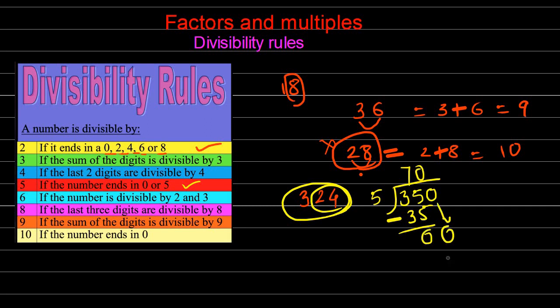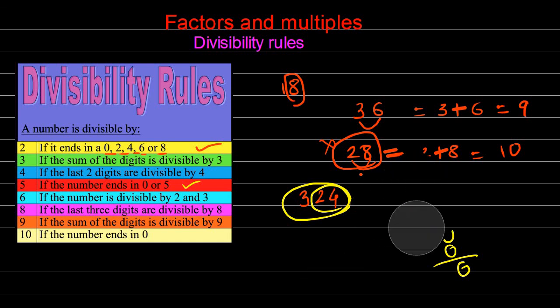So again 5 times 0 is 0. So we get 70. It is divisible by 5. So this is how, just by looking at the number 350, you can find out that it is divisible by 5 because it is ending with 0.